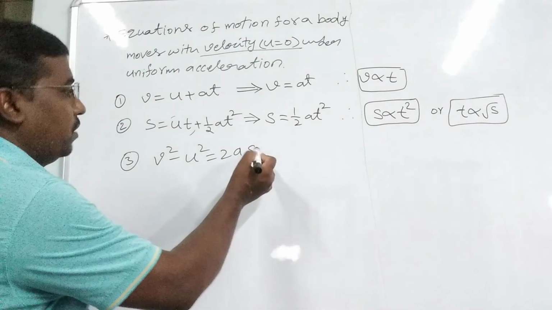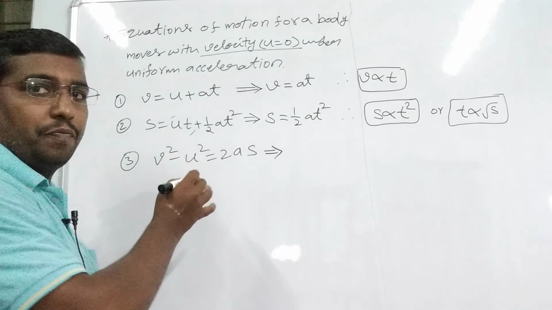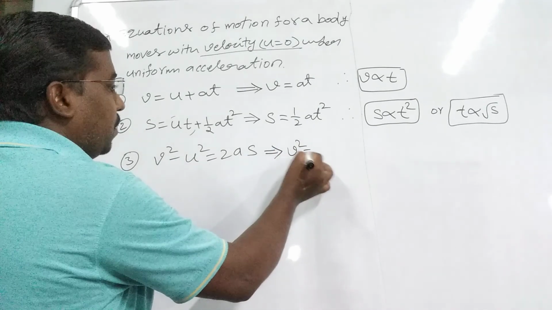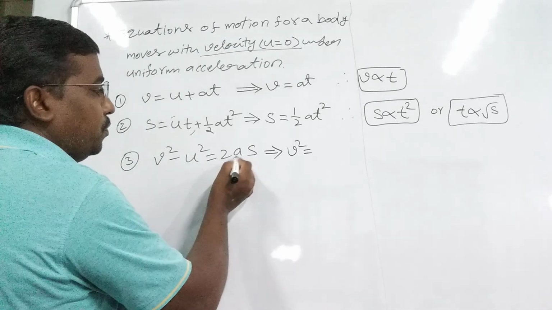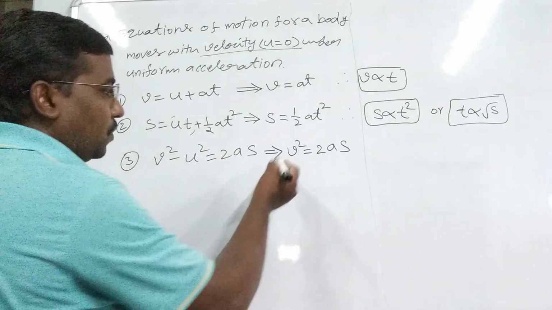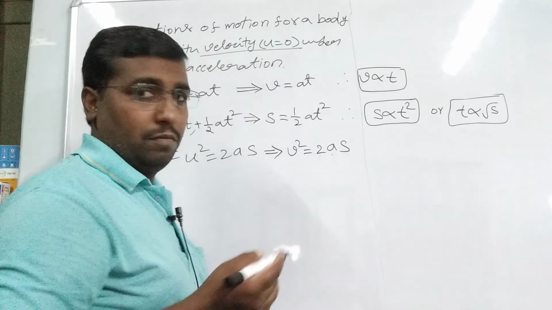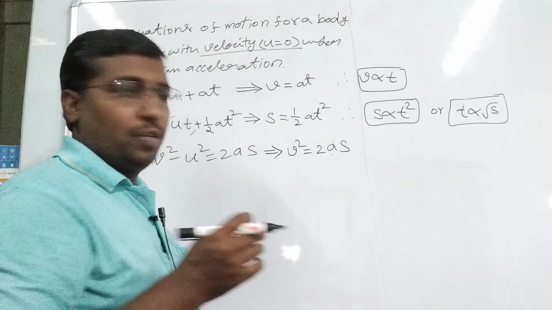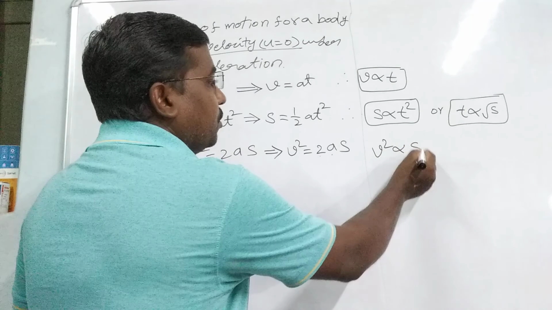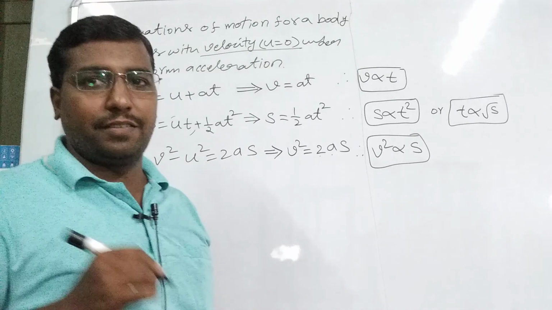In this, u becomes 0, so this term will be 0, remaining v square equal to 2as. Here 2 and a are both constant terms, so v square is proportional to s.